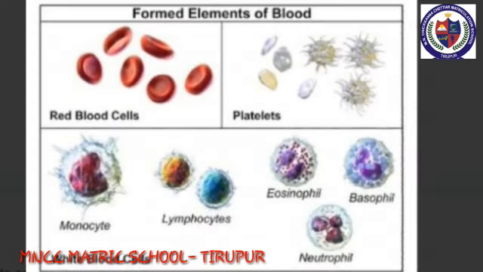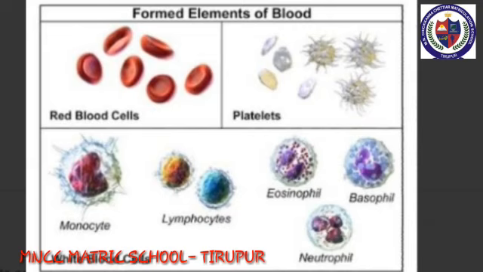Blood. Blood is the main circulatory medium in the human body. It is a red colored fluid connective tissue. Components of blood: the blood consists of two main components, the fluid plasma and the blood cells, which are found suspended in the plasma.